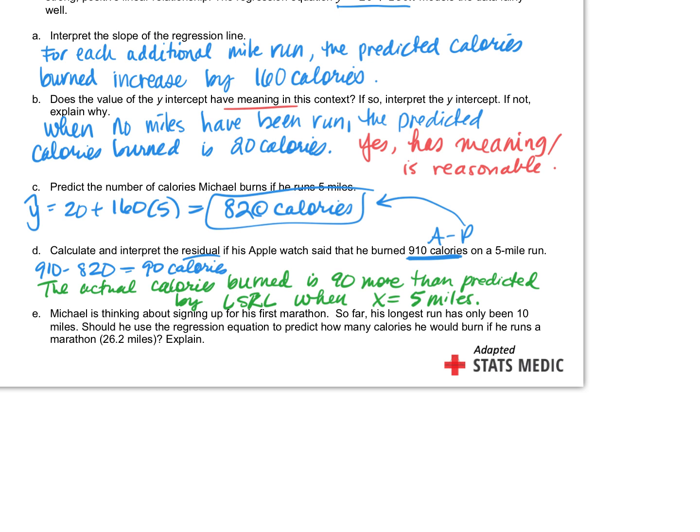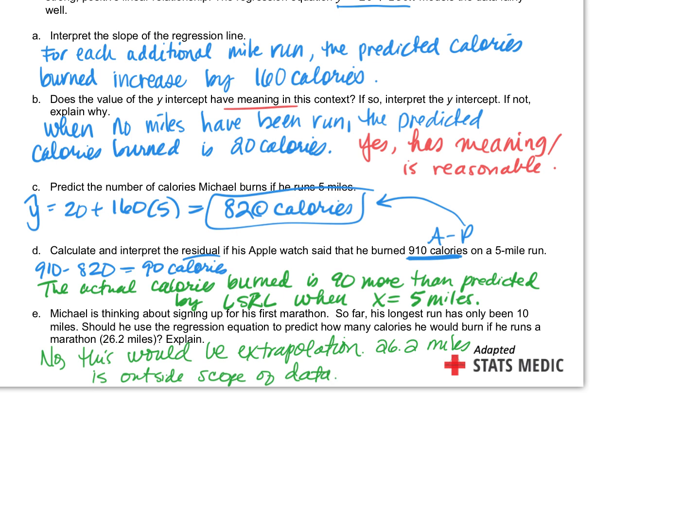So we'd say no, 26.2 miles is outside the scope of the data. So any prediction you make would be unreliable. Bad news bears. Don't do it.